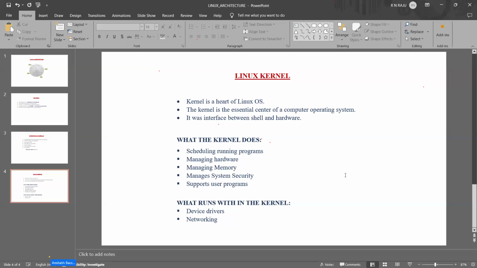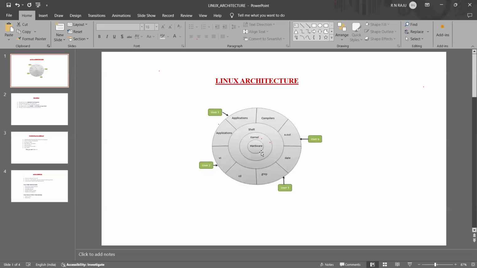One is user, second is shell, third is kernel, and fourth is hardware. Hardware means keyboard, mouse, RAM, CPU, all are hardware components. From this architecture, you will get a repeated interview question: shell and kernel only. And another important question: how to check the Linux kernel version.